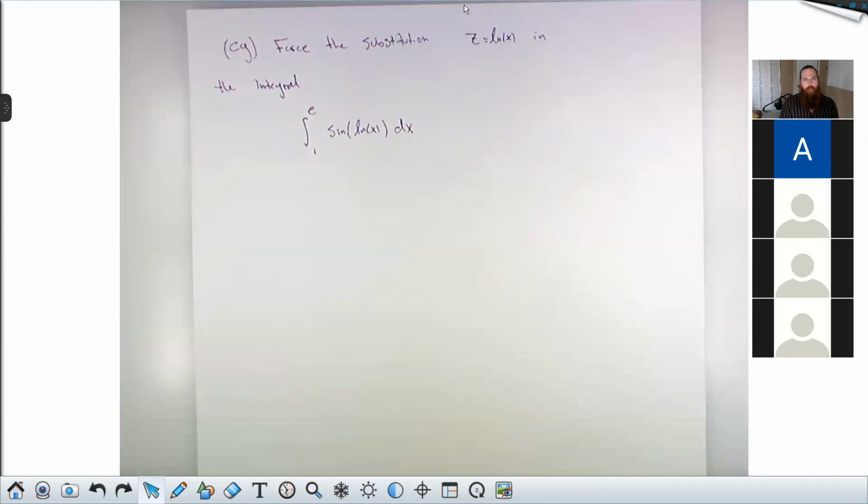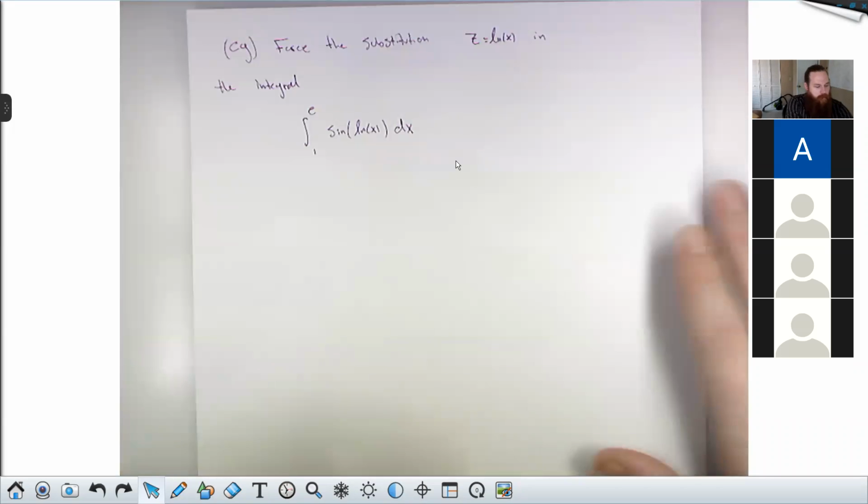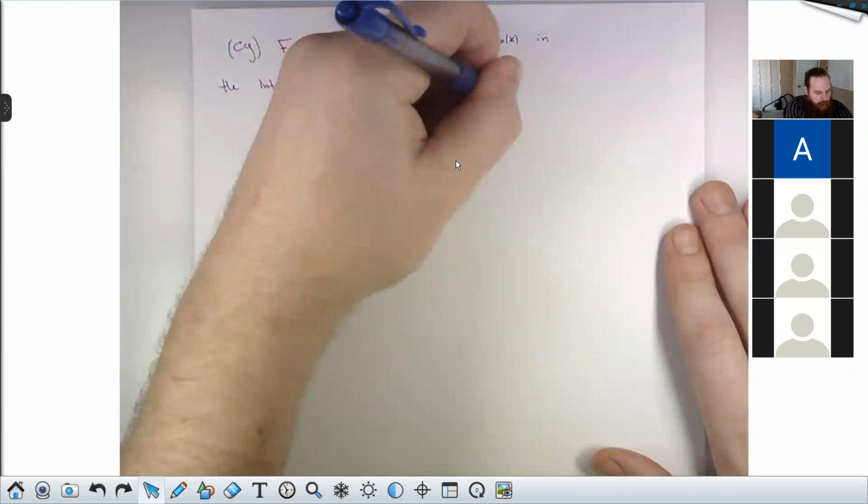So this is actually not a bad substitution. But what you'll see when we get started is that the inside here will be nice. This will just be sine z. The relationship between dz and dx, I don't have the 1 over x here that I would normally need to make this substitution. So I'll just start writing things down.